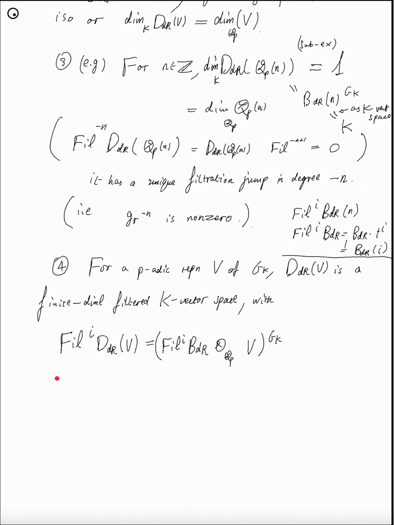Now we'll let this representation category, Rep_dR(Q_p, J_K), be the category of p-adic de Rham representations.